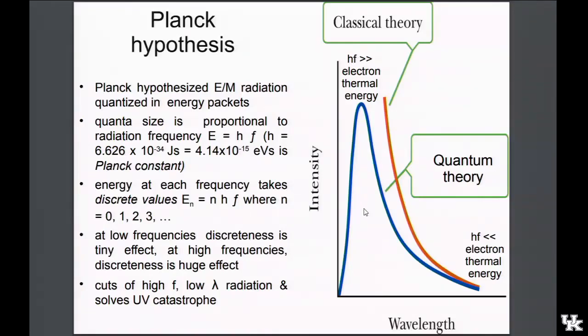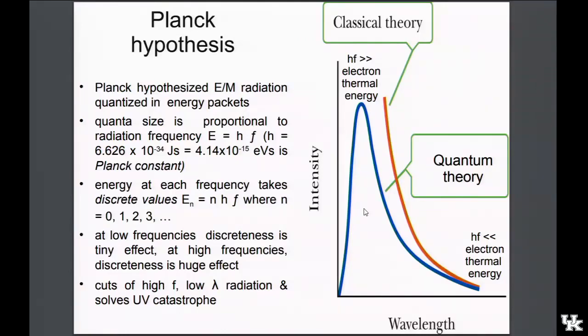And as the sizes of the packets become larger and larger, you become more and more unable to emit these single packets of energy. A hot, fast-moving, randomly moving electron can't emit a packet of such a size.